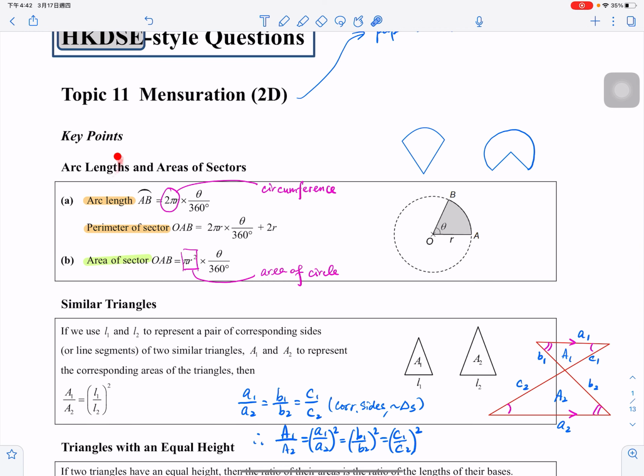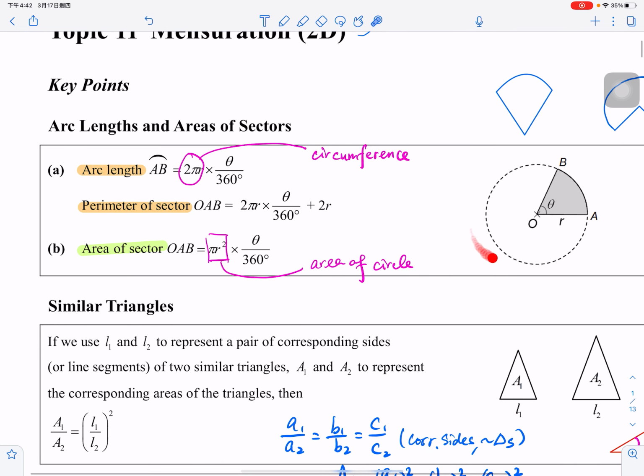Here, about the arc length and the area of sectors. Do you remember? Arc length: it's a circle here, and arc AB is only this part, a part of the circumference. So we take 2 pi r as the circumference, that means a whole circle.